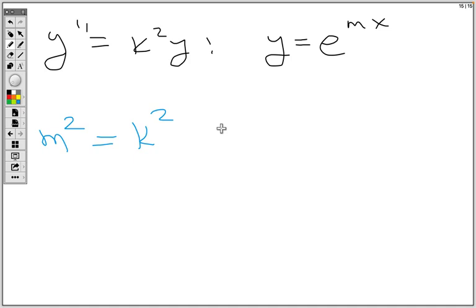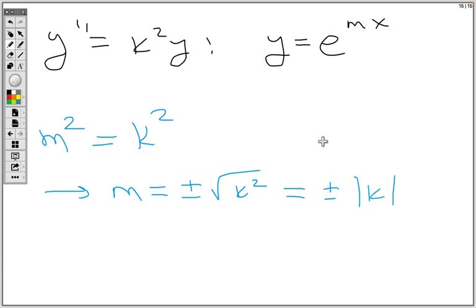We could subtract things over and factor, or we could just extract square roots here. So m is plus or minus the square root of k squared, which is plus or minus the absolute value of k. But we're told to assume k is a positive number, so we don't need those absolute values.